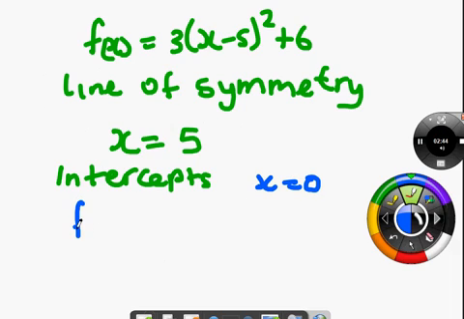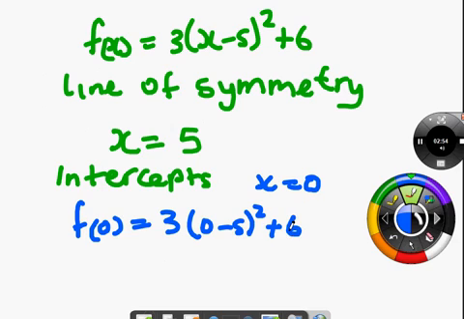When you substitute, you're going to get f of 0 is equal to 3 bracket 0 minus 5 squared plus 6. And if you press your calculator, just press it the way it is, this will be 81. So our first intercept is 0 for x ordinate and 81. Please make sure you write it as a point.